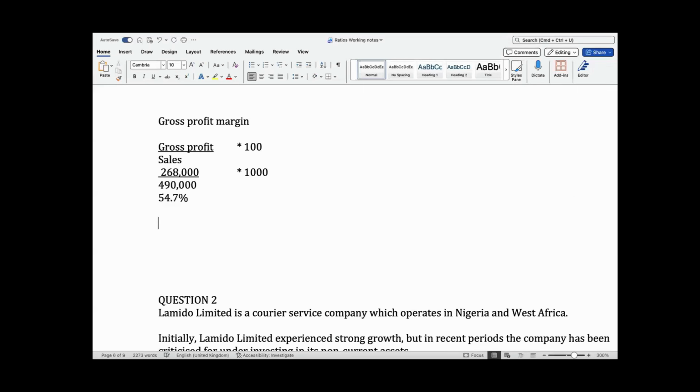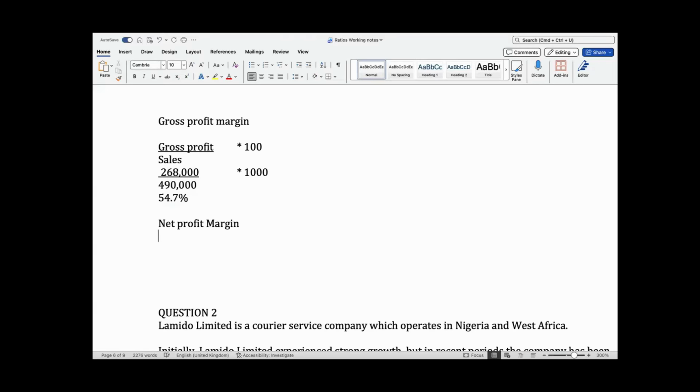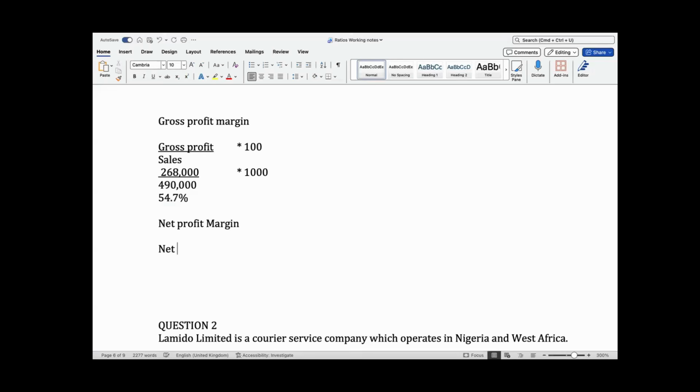So my gross profit margin is giving me this. Then I can do net profit margin, which is net profit over sales times 100.